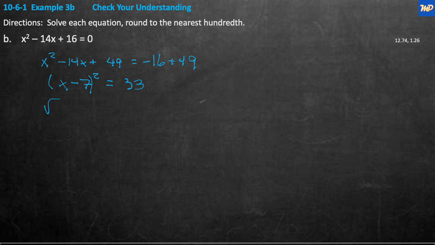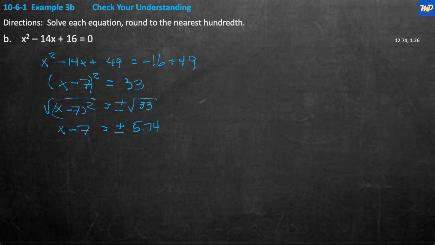So when I do that, we're going to get x minus 7 over here, plus and minus the square root of 33. And now it's going to be x minus 7 is equal to plus and minus 5.74.